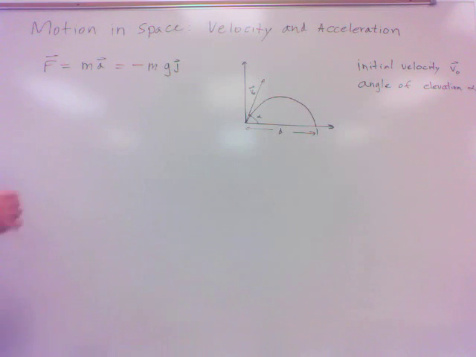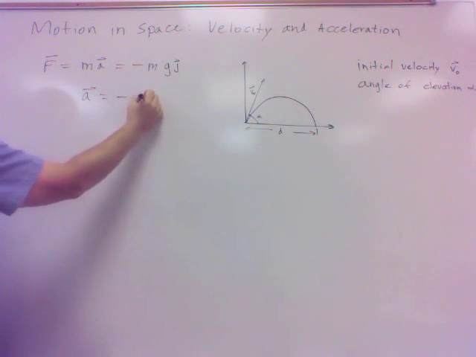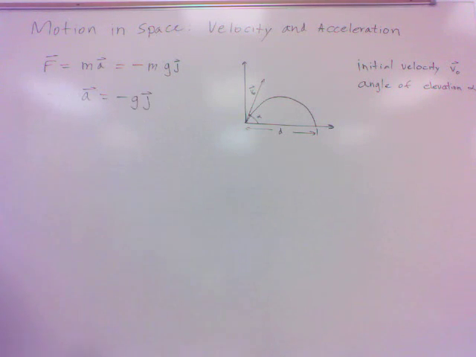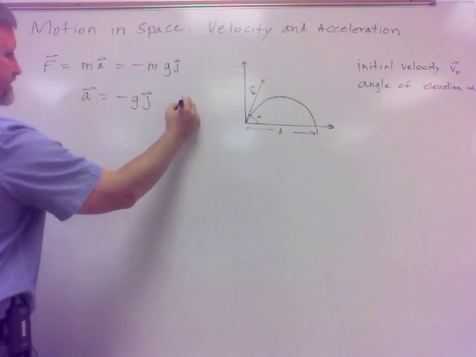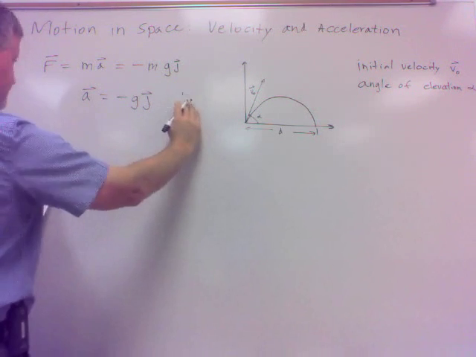And so out of that we get that the acceleration, get rid of the m's, is negative gravity constant times the j vector. And we are going to use the meters per second squared magnitude of g here.